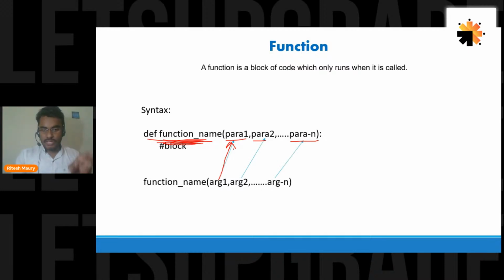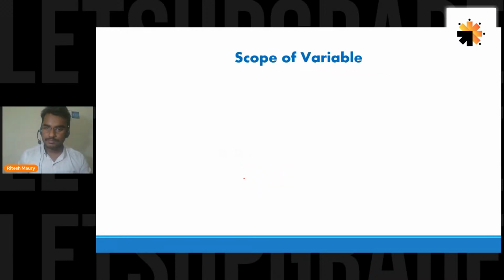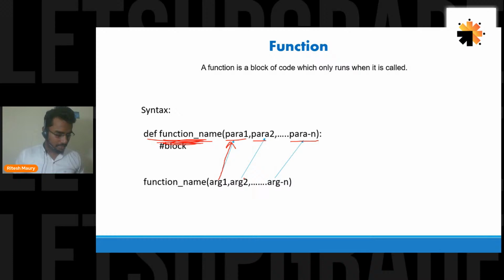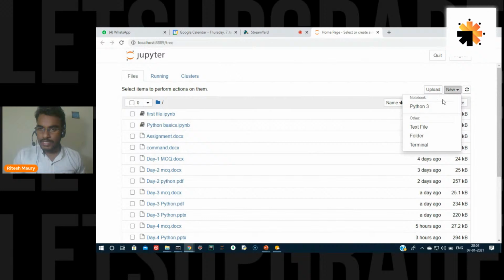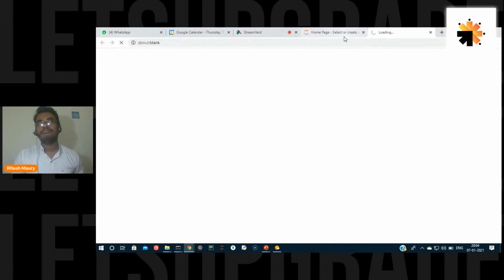This way the first argument passes to the first parameter, the second argument to the second parameter, and the nth argument to the nth parameter. So let me create one normal function. Create a new file for functions, that will be better.